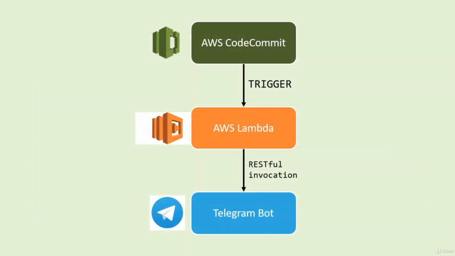CodeCommit works in a fashion where it generates a trigger which is fetched by Amazon Lambda, which may have certain scripts performing various operations that could be used in a RESTful invocation or the SOAP architecture. They could perform various things like a Telegram bot, a Twitter bot, and more.